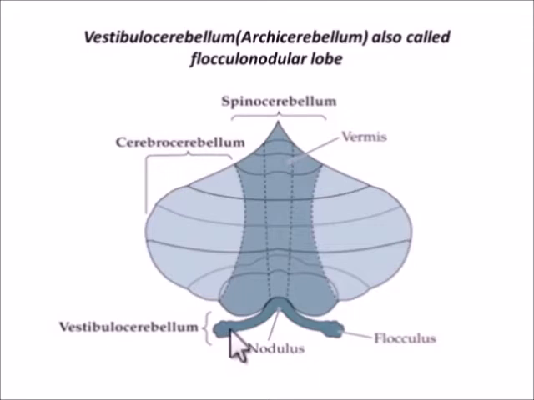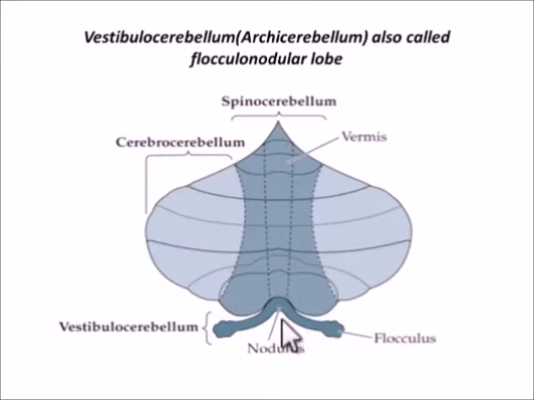Vestibulocerebellum receives the vestibulocerebellar tract from the vestibular nuclei of the medulla, which in turn receives fibers from the vestibular apparatus found in the internal ear. And here we see that the vestibulocerebellum is made of the nodulus and flocculus.